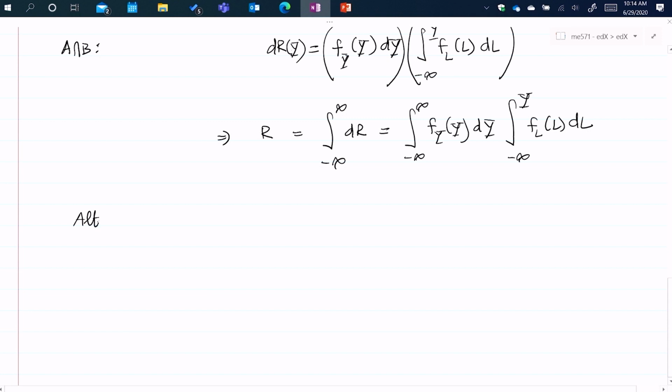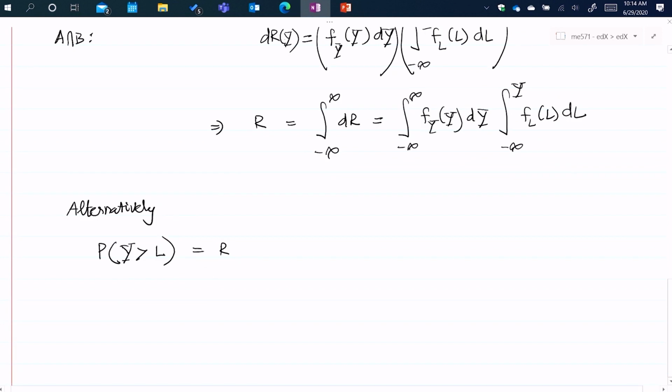Alternatively, you could ask: what is the probability that strength will exceed L, given a load value? That is the integral from minus infinity to plus infinity over the load value dl, times the integral from L to infinity of f sub y of y dy.